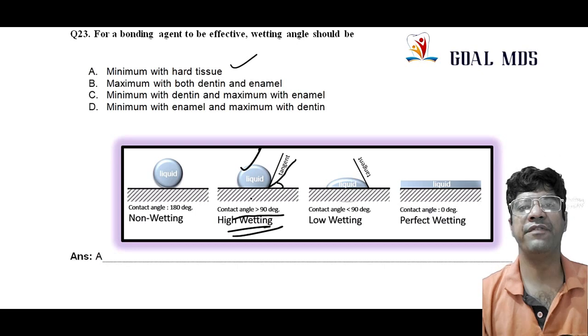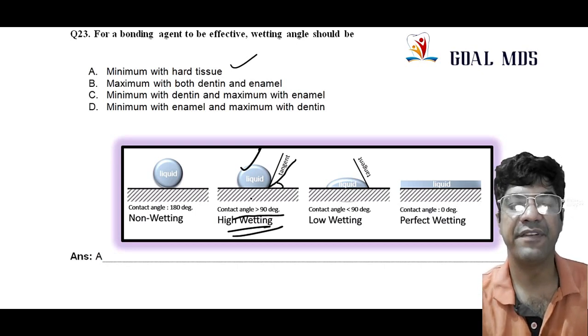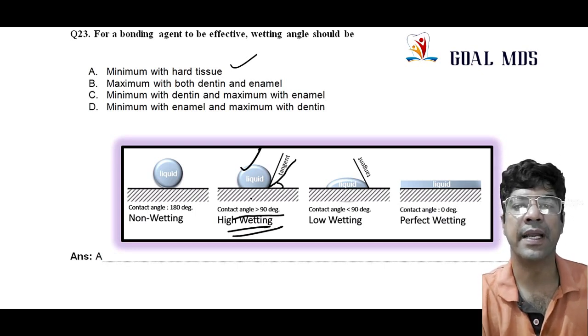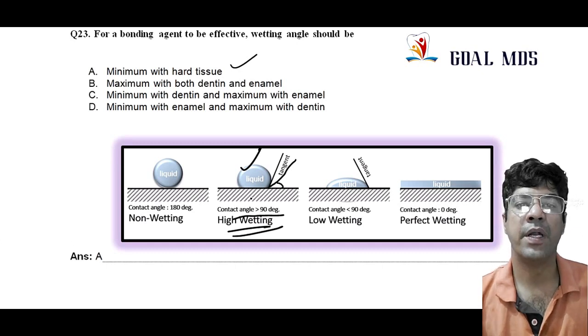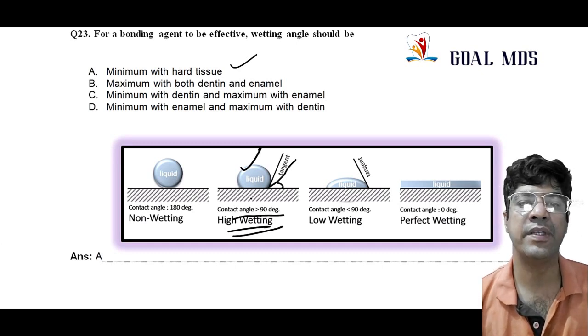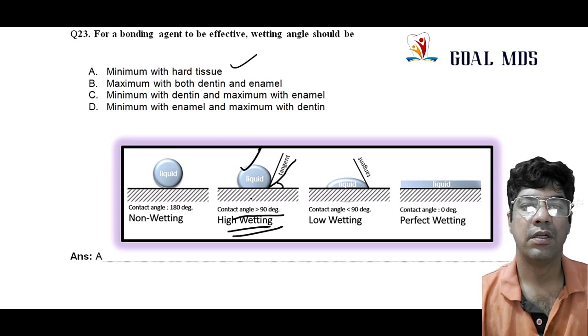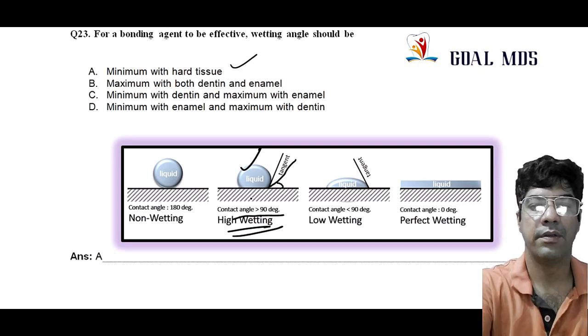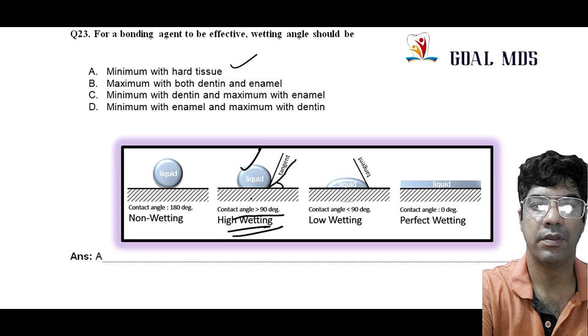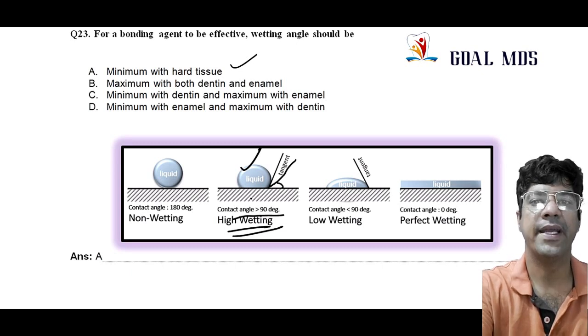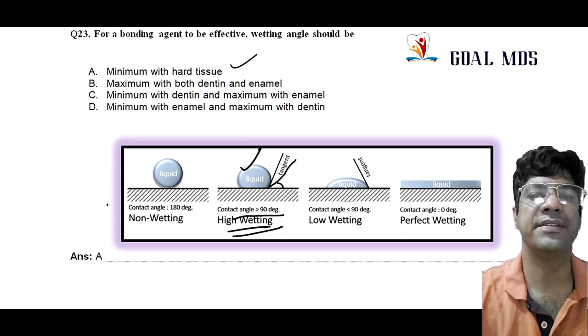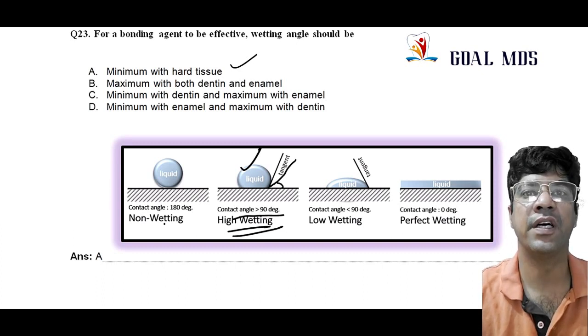So it is due to the feature of surface tension. Surface tension is a property of liquid that arises from the cohesive forces between the molecules at the liquid surface. The wetting angle is known as the contact angle, the angle formed by the intersection of the liquid surface and the solid surface.